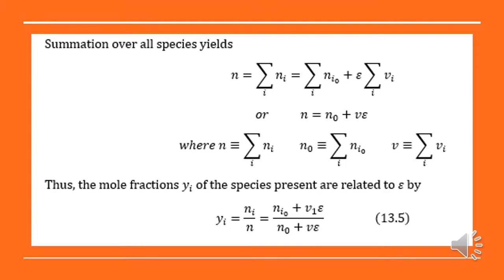Thus, the mole fractions yi of the species present are related to ε by equation 13.5. Using equation 13.5, we will take a look at examples 13.1 and 13.2 to understand how to use it in the reaction and to generate the mole fractions yi of the species present.